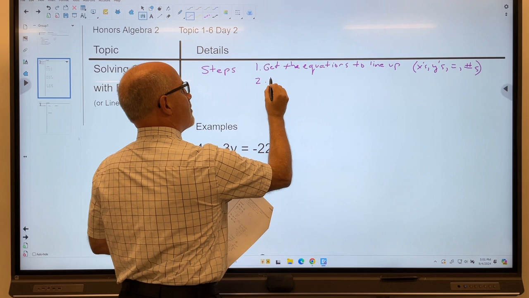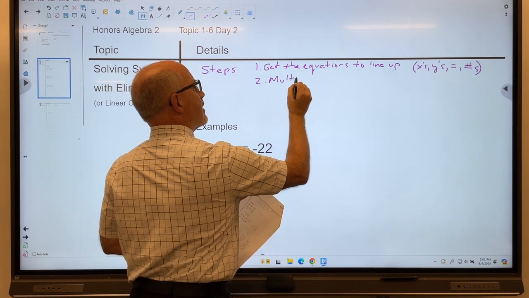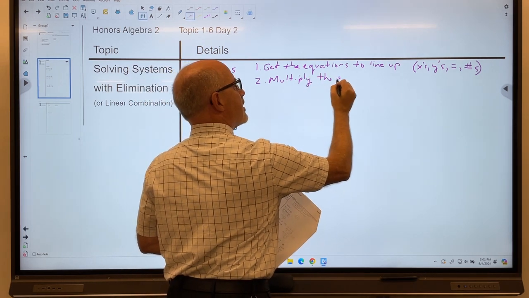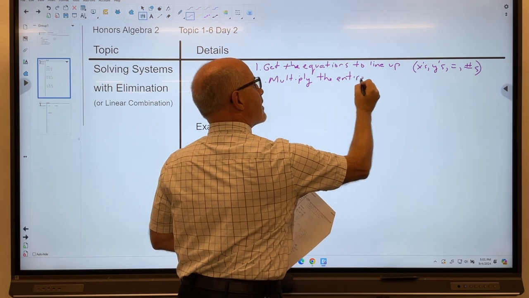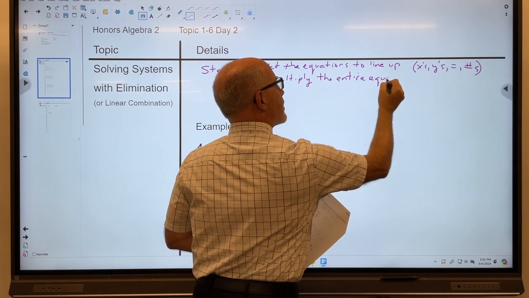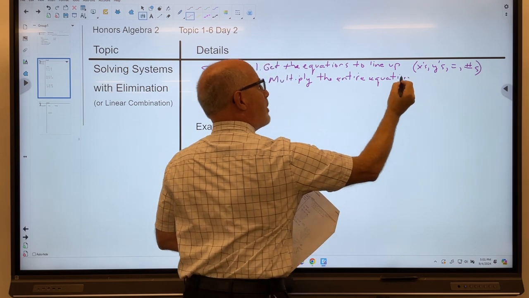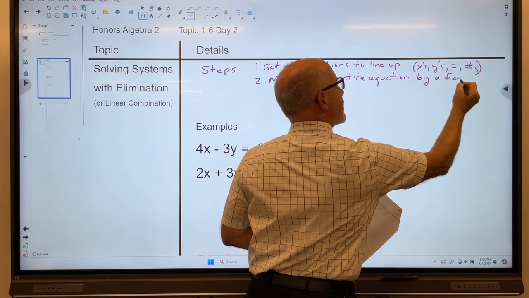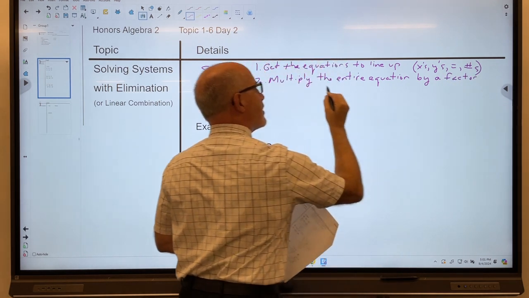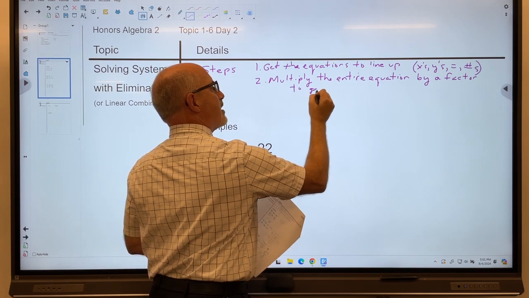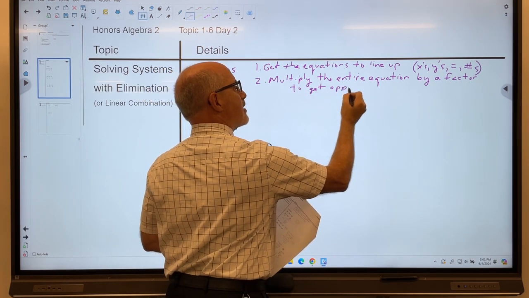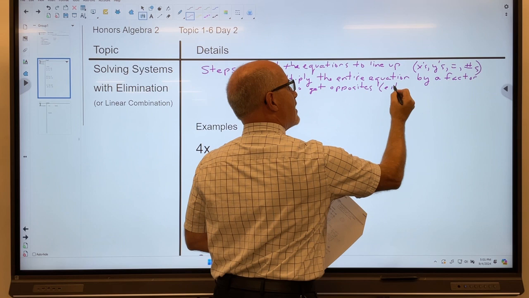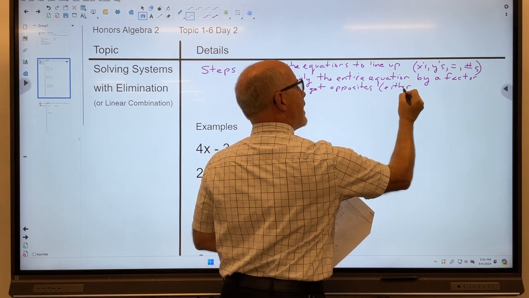Second is to multiply the entire equation by a factor to get opposites, either x or y.